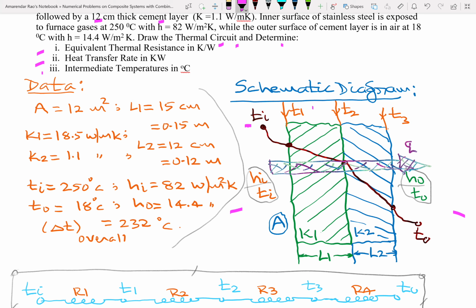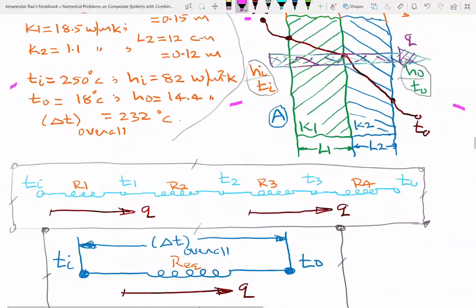correctly. Area is 12 meters square, thickness is 0.15 meters, K1 18.5, K2 1.1, L2 is 0.12, inside environment 250 and 82, outside environment 18 and 14.4, overall thermal potential 250 minus 18, which is going to be 232.